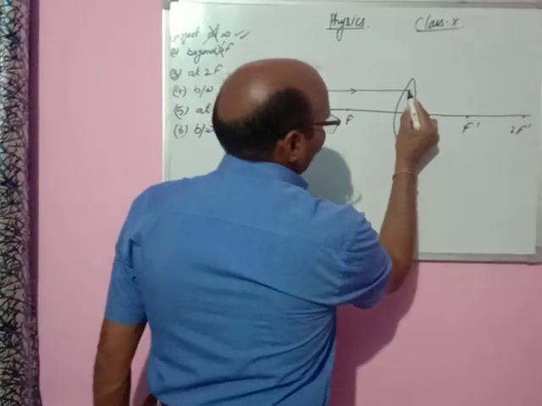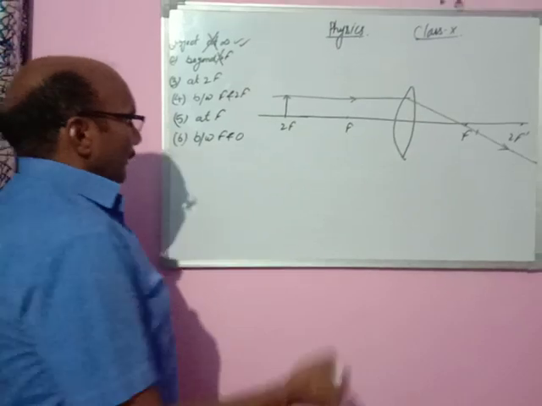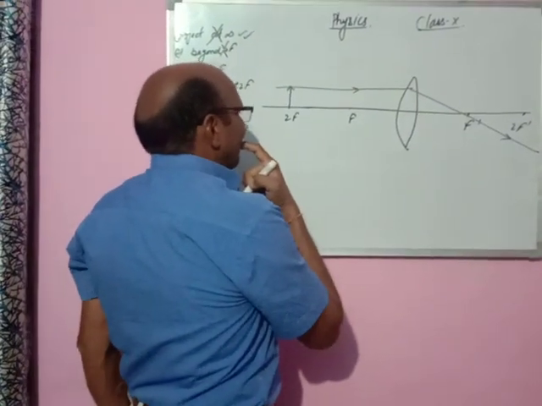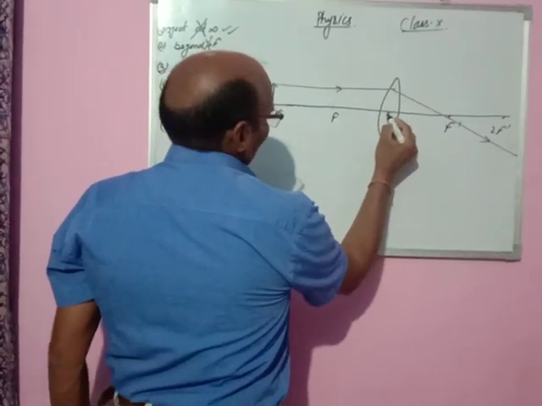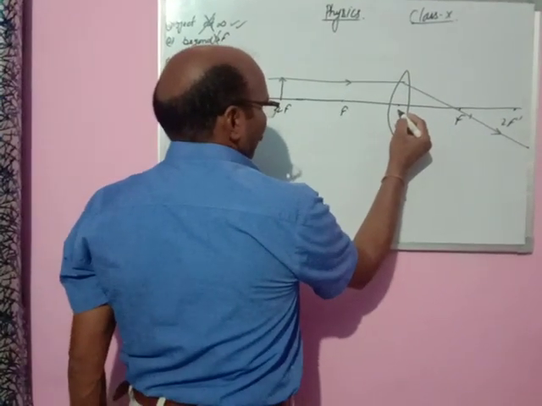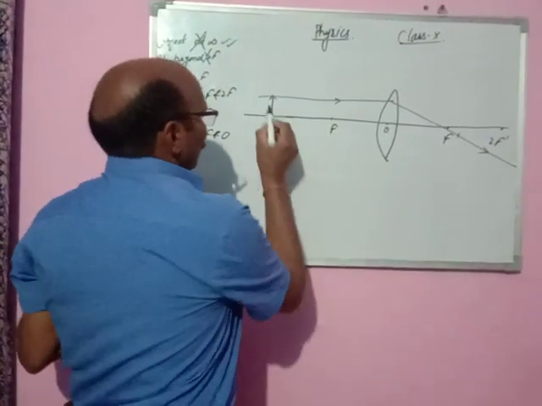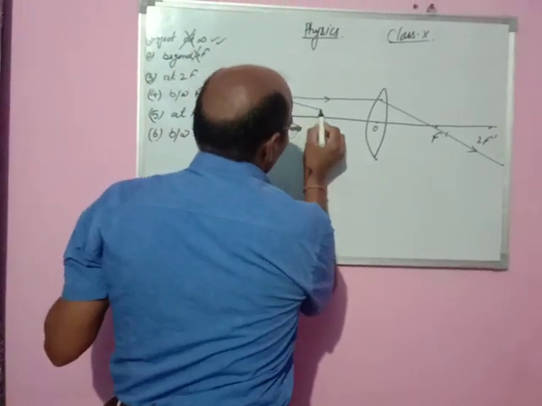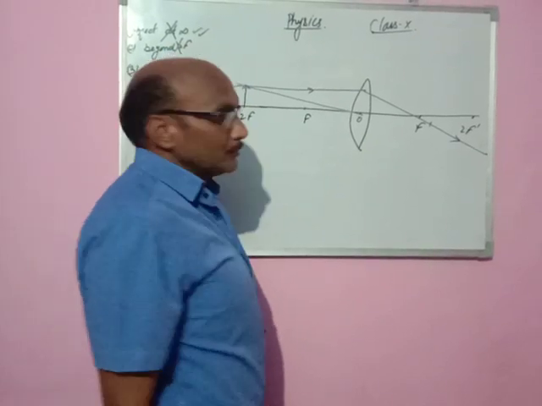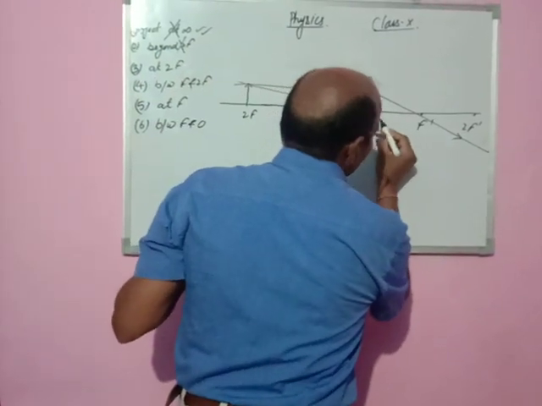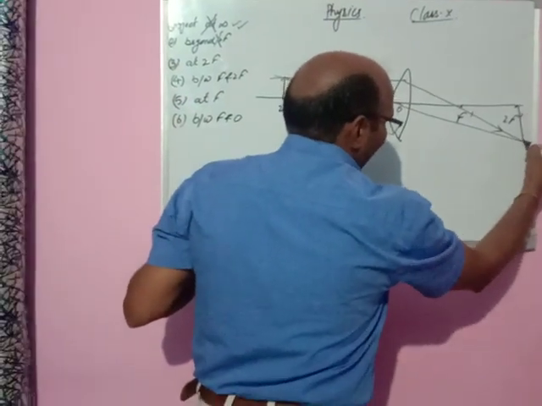It will pass through the focus. Okay, I will take one more light ray, let it pass through O. We can take any two light rays, either passing through F or O. Here I am taking the light ray passing through O. It will not deviate from its path. It will go straight, as I told you earlier. So in this case, the image will form at 2F dash.